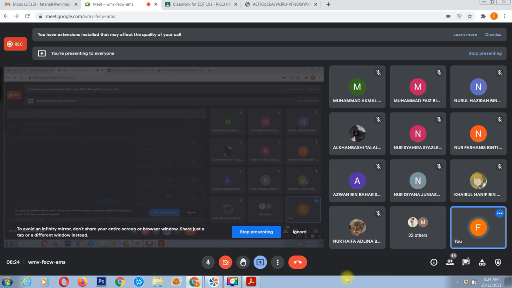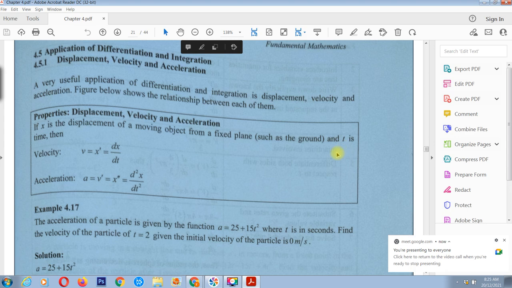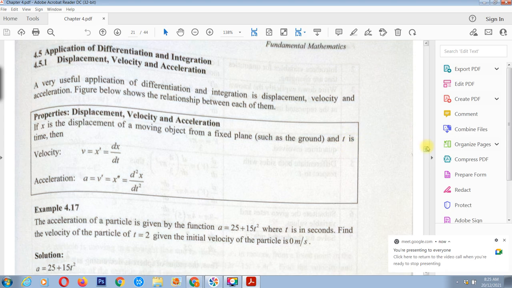So that is one of our applications for differentiation. That is important to us because we can use differentiation and integration to measure that kind of thing, which relates to the rate, right? The rate which relates to time.